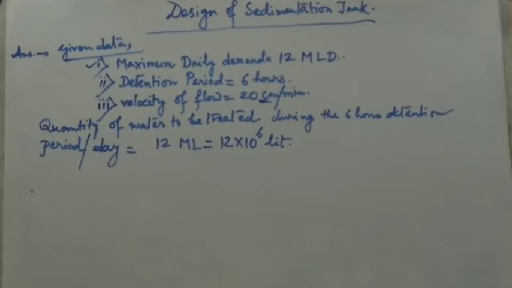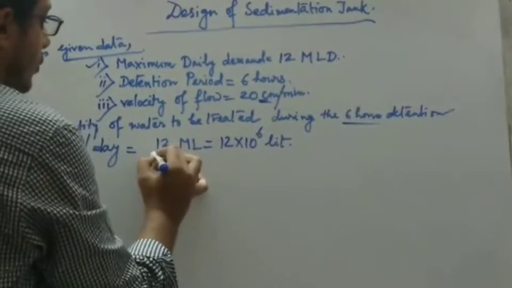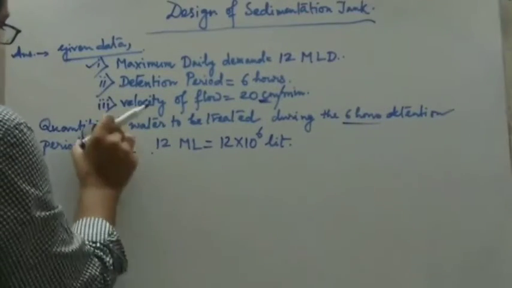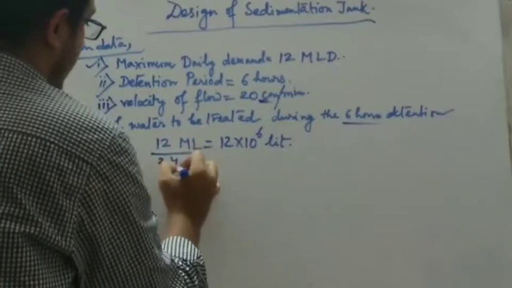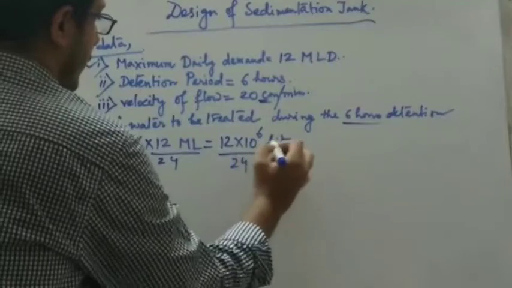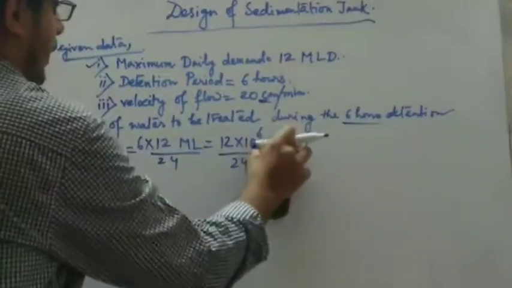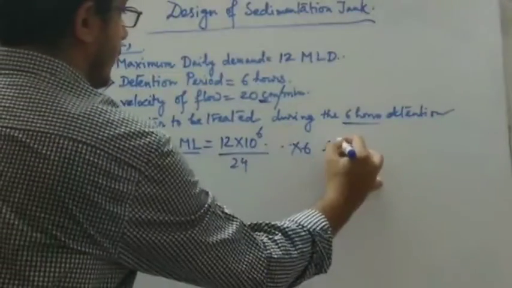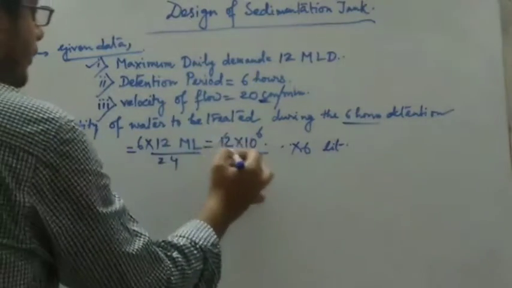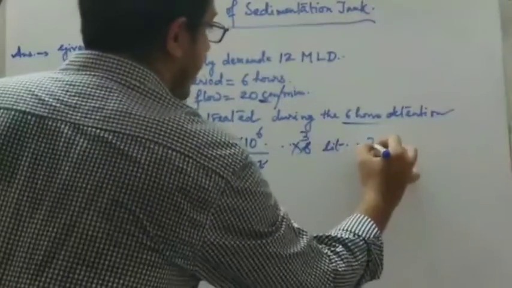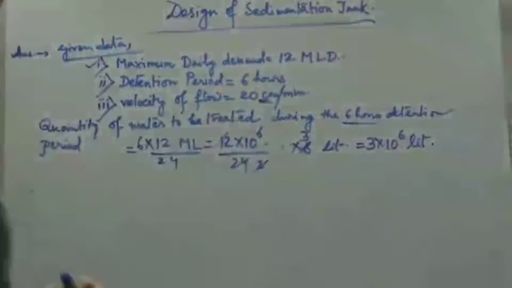In the detention period, as the detention period is 6 hours, the quantity of water to be treated during the 6 hours is 12 into 10 to the power 6 by 24 into 6, in liter. If we simplify this, it is 3 into 10 to the power 6 liter.